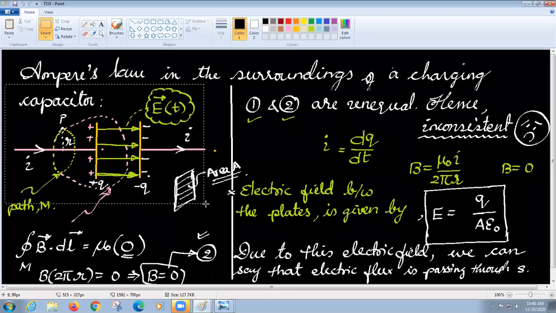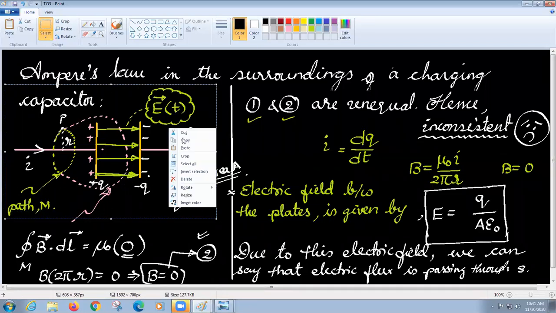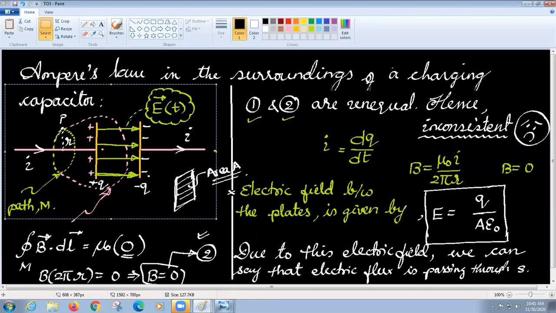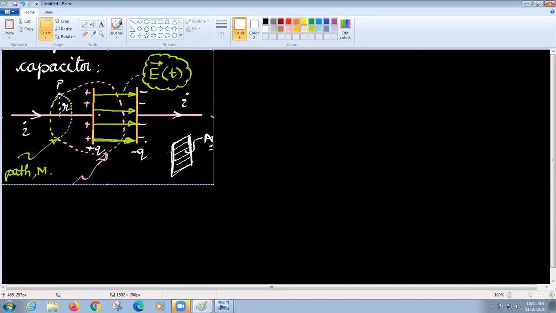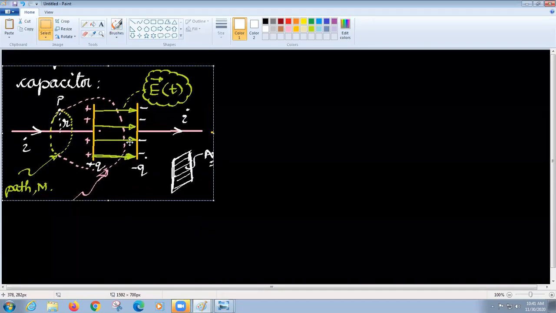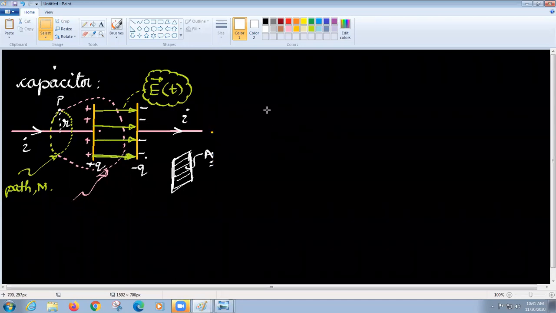So I'm copying the same figure now. Okay, I have the same figure here. Remove this.